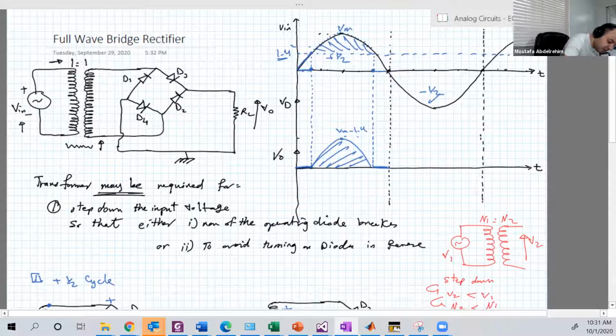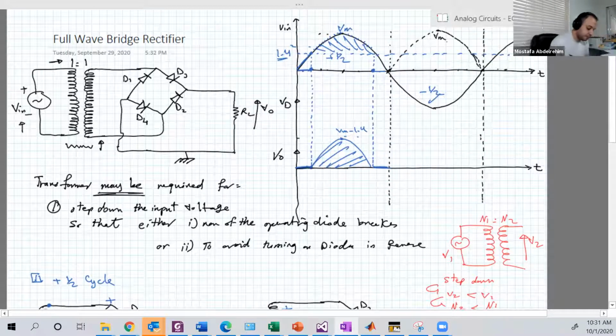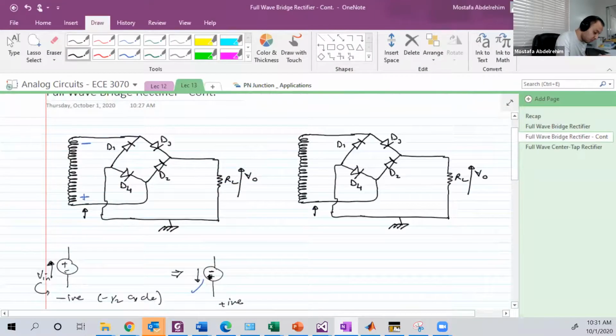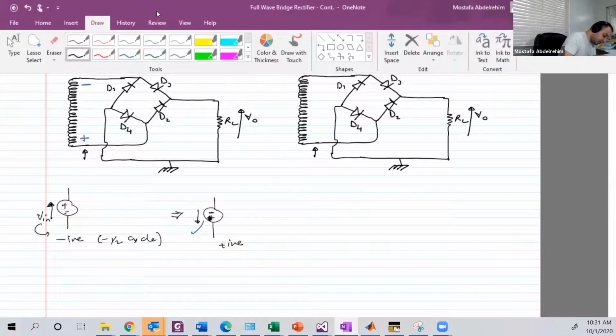This is its inversion. It's negative all the time, so we're gonna draw its inversion, which is positive all the time. And let's call it V input dash or V input prime, whatever you call it.